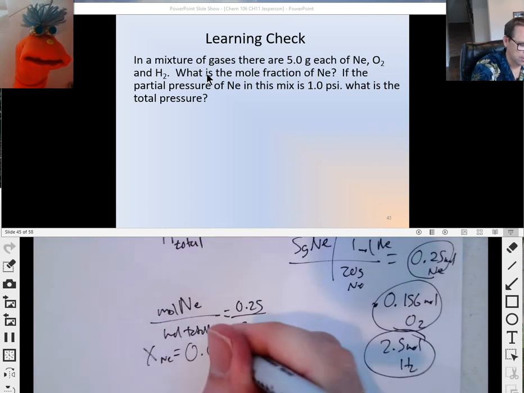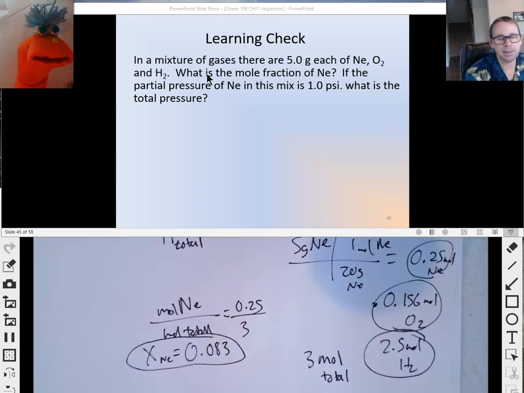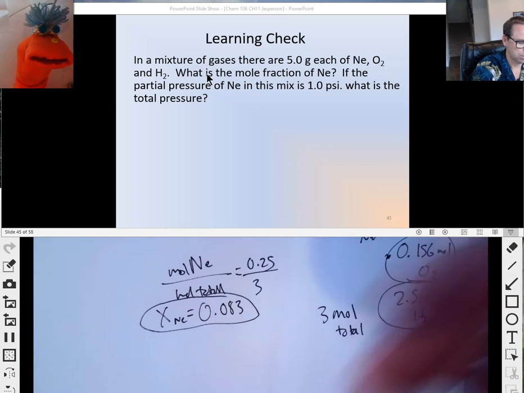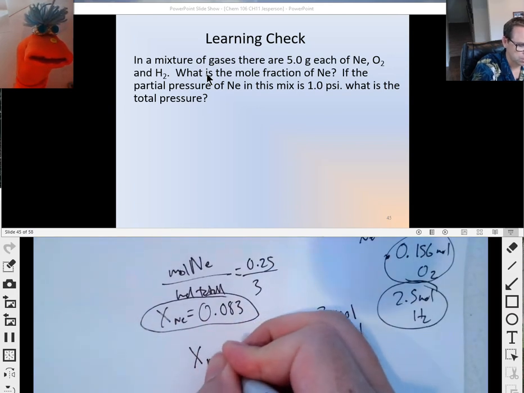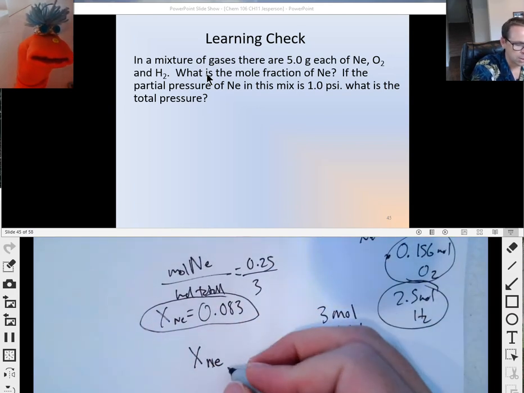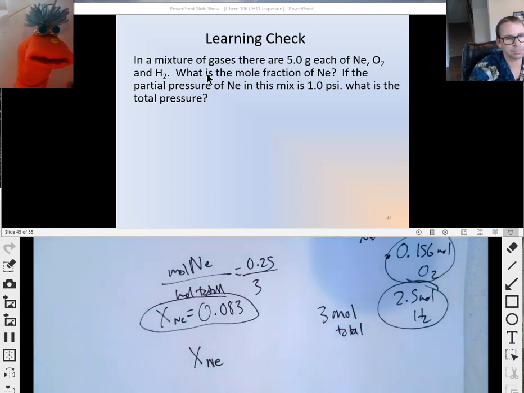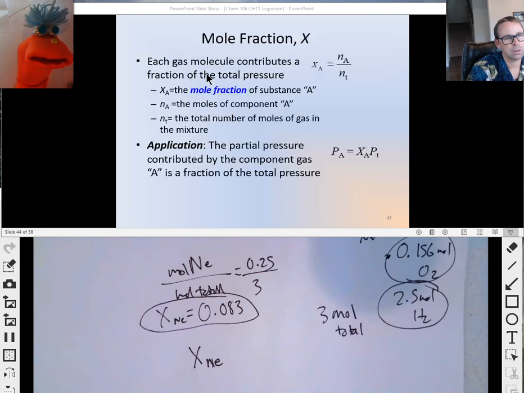Well, if neon is just contributing that many moles out of the total moles, the mole fraction multiplied by the total pressure will equal the partial pressure.